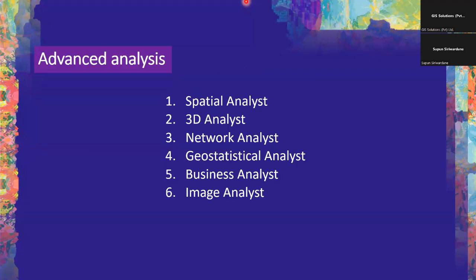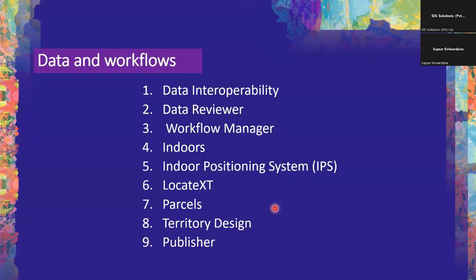Then there are extensions like earlier, for your analytical purposes: Spatial Analyst, 3D Analyst, Network Analyst. Likewise, the traditional extensions have moved into Pro also. And there are new features built into the extensions. And there's a new extension called Image Analyst for image processing capabilities.